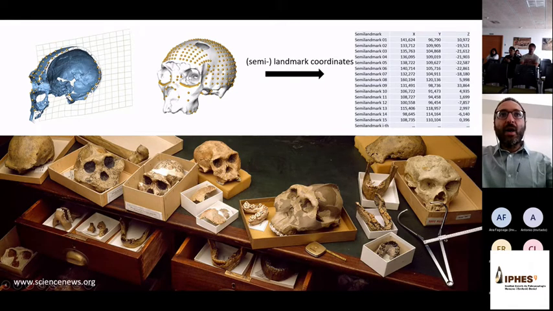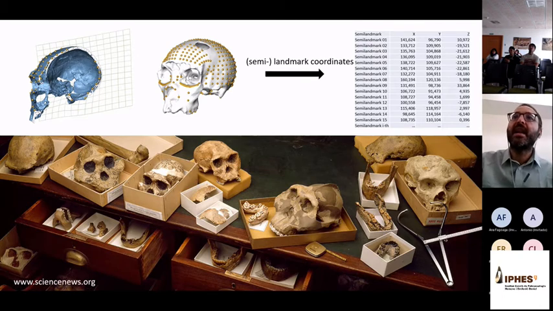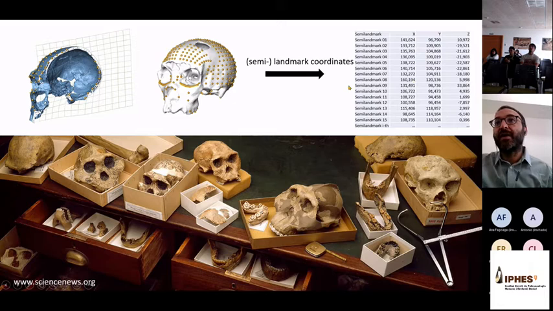Sometimes we cannot share the 3D model itself because it belongs to some institutions, or we don't have the credits to share 3D models. But once we define some numeric data on it, like in this case semi-landmark coordinates, you and your institution are the owner of this kind of data.